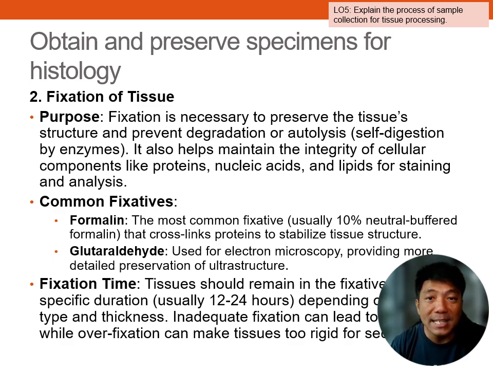Proper fixation is essential for high-quality histological sections. Other than formalin, we can also use glutaraldehyde, which is commonly used for EM and gives more detailed preservation of the ultrastructure of the tissue. The fixation time usually takes about 12 to 24 hours.